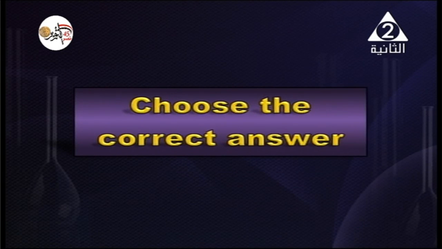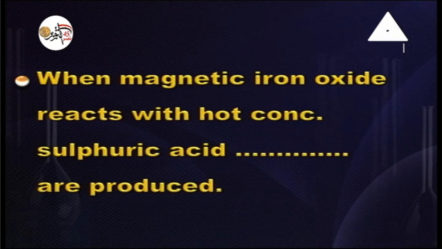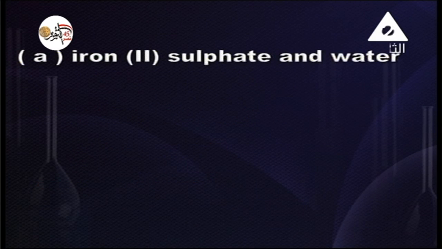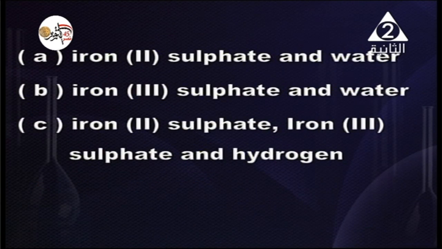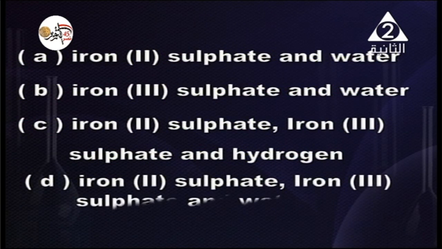Next type of question is choose the correct answer. The first point: when magnetic iron oxide reacts with hot concentrated sulfuric acid, what is produced? Is it iron(II) sulfate and water, iron(III) sulfate and water, iron(II) sulfate and iron(III) sulfate and hydrogen, or iron(II) sulfate and iron(III) sulfate and water?